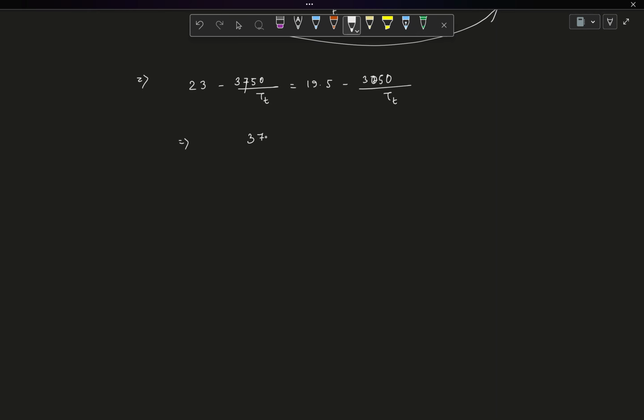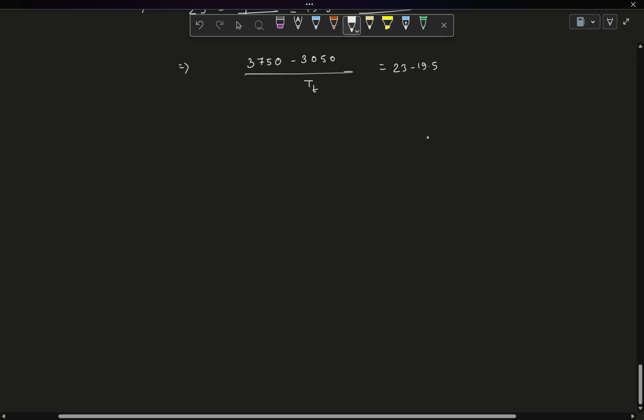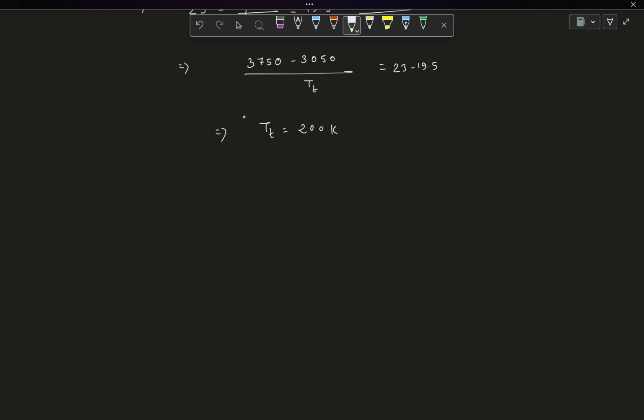Now let us solve: (3750 - 3050)/Tt = 23 - 19.5. Solving this, you get that Tt is 200 Kelvin. So this is your triple point temperature. If they are only asking for the triple point temperature in the question, that is it.